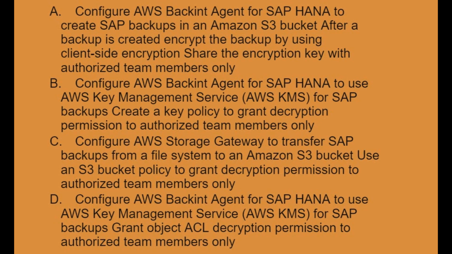Use an S3 bucket policy to grant decryption permission to authorized team members only. Option D. Configure AWS Backint agent for SAP HANA to use AWS Key Management Service AWS KMS for SAP backups. Grant Object ACL decryption permission to authorized team members only.